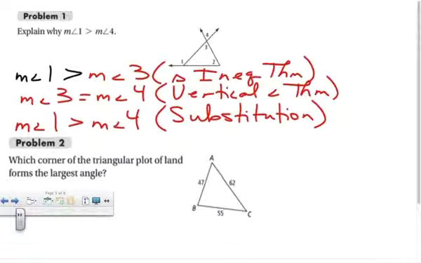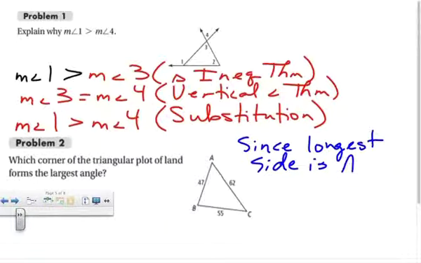It's segment AC. So, since the longest side is AC, I would hope that now it would be very easy to tell that the largest angle therefore has to be, what other letter is in that triangle? B. Angle B, yes.